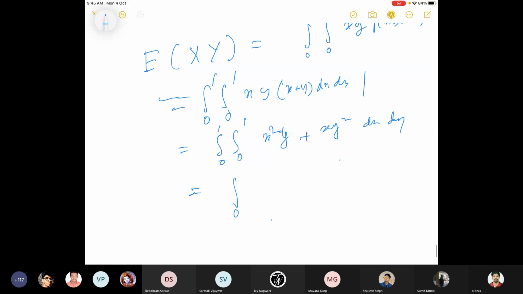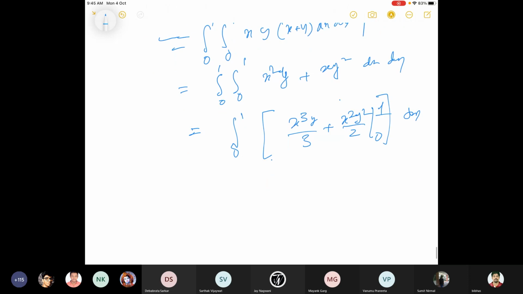So if I first take the dx, then x square means x cubed by 3 times y plus x square y square by 2. Okay, and dy, right? And this is from 0 to 1. X is varying from 0 to 1. So substituting 1 it is y by 3 plus y square by 2 dy.